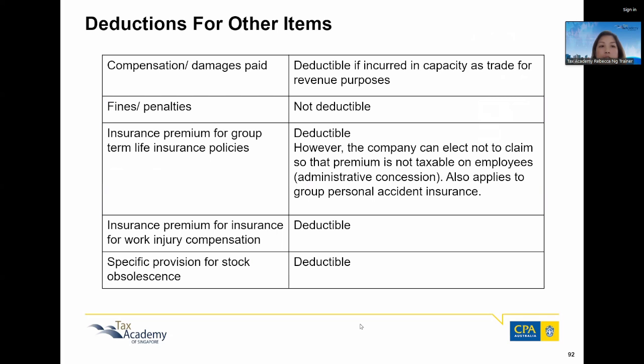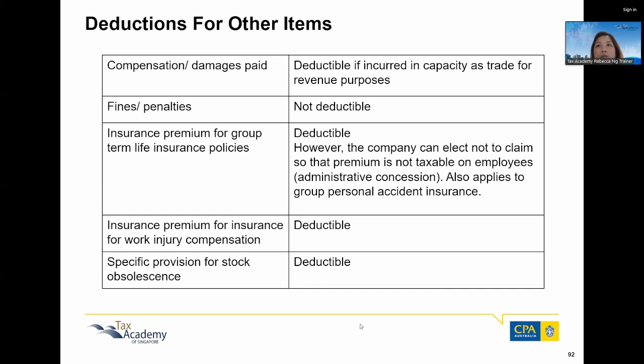So some of the common items for deduction will be compensation, damages, fines and penalty, insurance premium, and stock obsolescence. So for fines and penalties, only statutory fines and penalty are not deductible. So for example, parking fine or late compliance, didn't submit the income tax return on time, all these are statutory requirement, right? So they are statutory fines and penalties. These are not deductible.